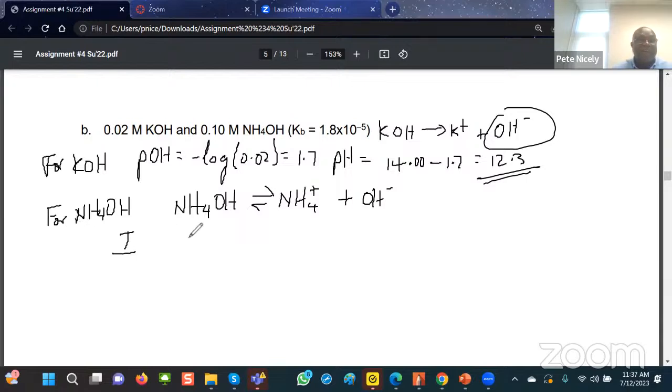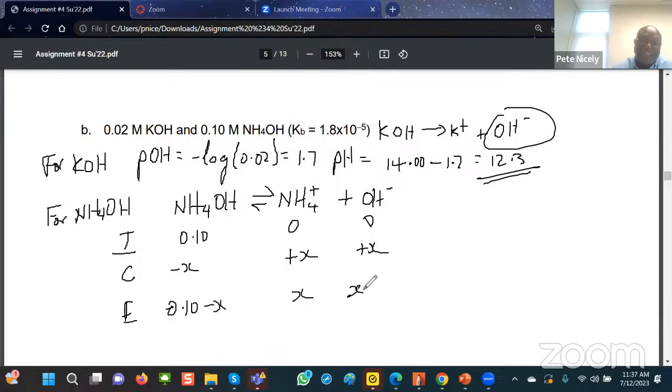Initially, you're going to have 0.10 for the ammonium hydroxide. You're going to have 0 here, 0 here. The change here is going to be minus X, plus X, plus X. So at equilibrium, you're going to have 0.10 minus X, and then X here and X here.